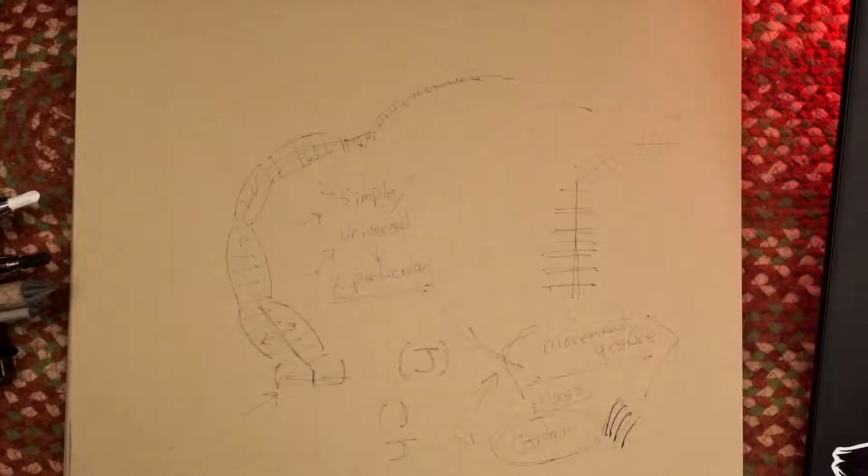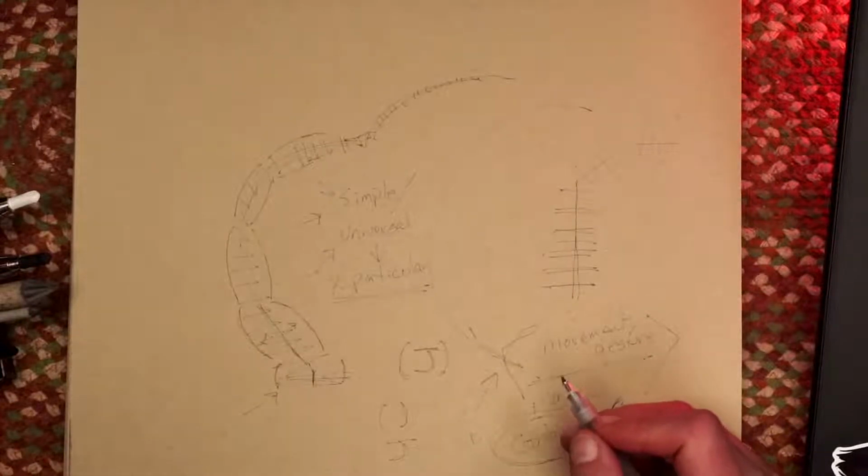The artist Steve Houston, a huge international teacher, he talks about simple yet characteristic. In other words, we want very simple shapes, but not so generic that we can't make out what it is. Okay, I'm using the word simple or universal and particular, but it's the same idea. But we're going to save that for tomorrow night.